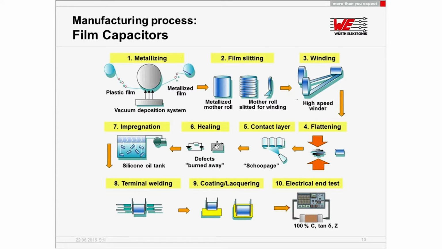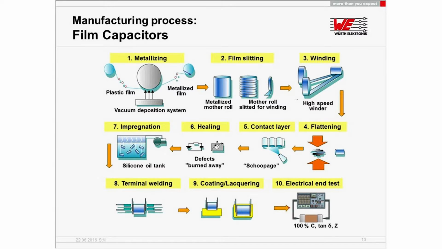You can do this one-sided, or even if you repeat the procedure, you can also do it double-sided. And then in the second step, you see the production goes for film slitting, and by film slitting you define the pitch of the film capacitor. Because, for example, if you would take a roll of 14 millimeters, so this would be later a capacitor with a 15 millimeter pitch.